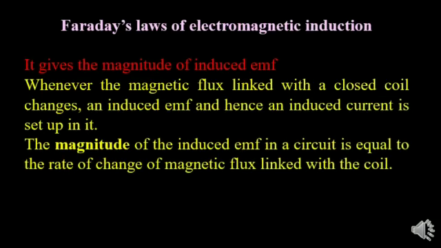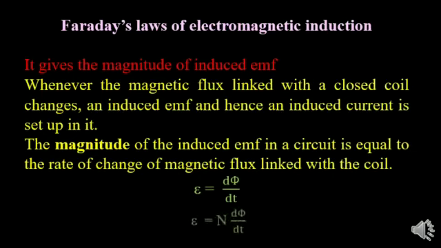The magnitude of induced EMF in a circuit is equal to the rate of change of magnetic flux through the coil. When we put this law in the form of a mathematical equation, induced EMF epsilon equals d phi by dt.